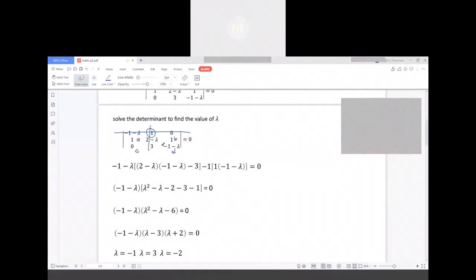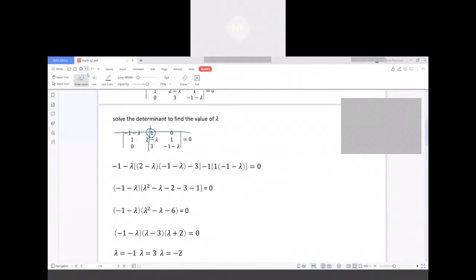Is B multiplied by C. And then since this is -1 because the second sign is negative, so it will include it. And then 1 multiplied by -1 minus lambda, and get this, and 0 multiplied by 1 is 0.